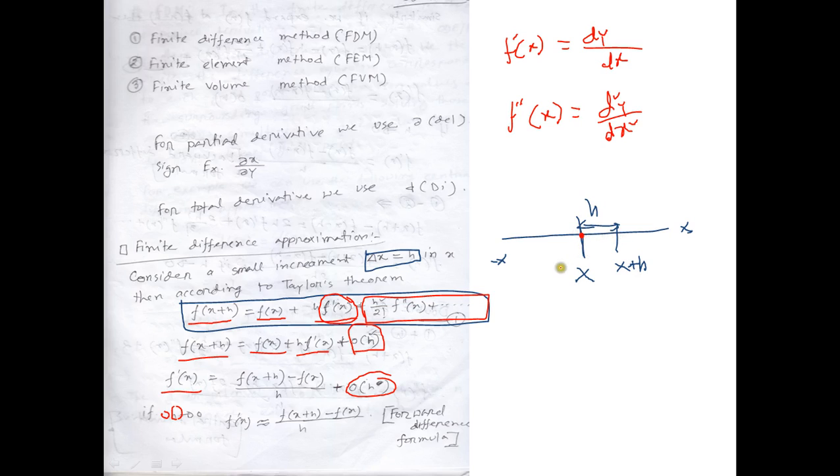Because we are interested in finding the value at point x on the basis of the value at the x plus h point, right? So this is one step forward here. That's why it is called the forward difference formula. We have got the value at point x on the basis of the next point value.